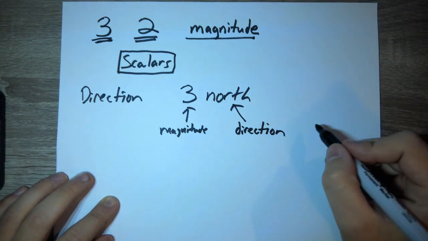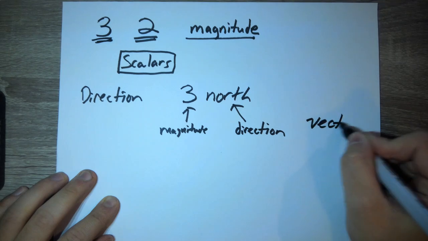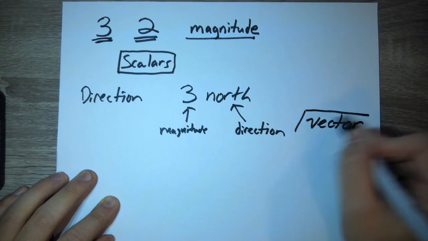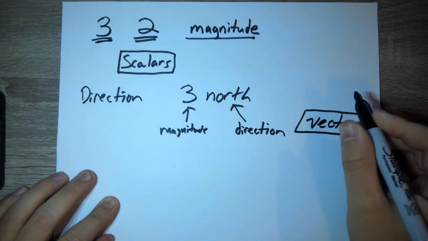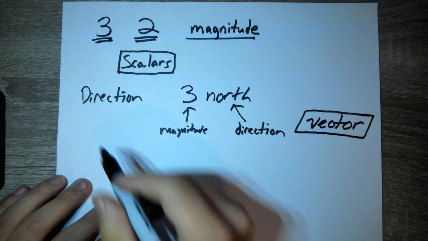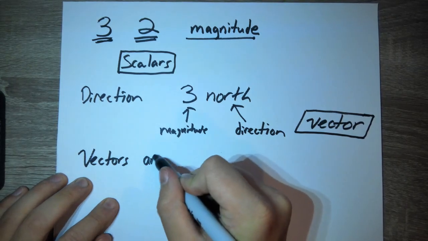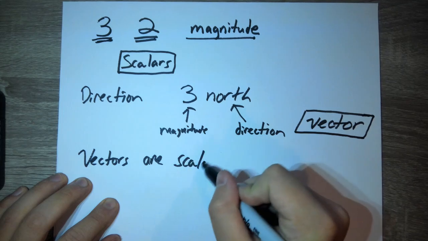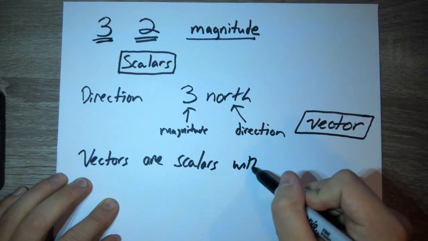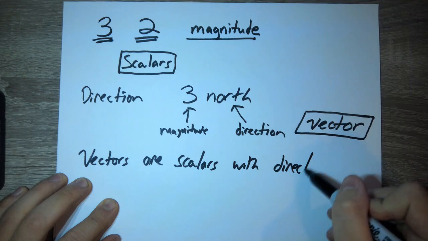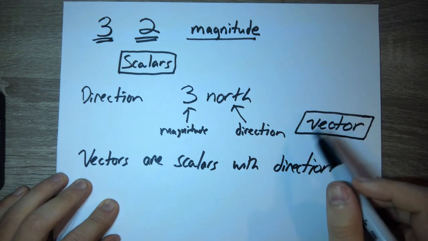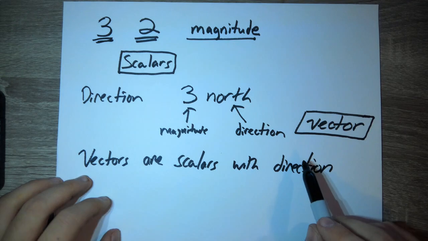Those two put together gives us a vector. So simply put, vectors are scalars with direction. So a vector is a scalar plus a direction.